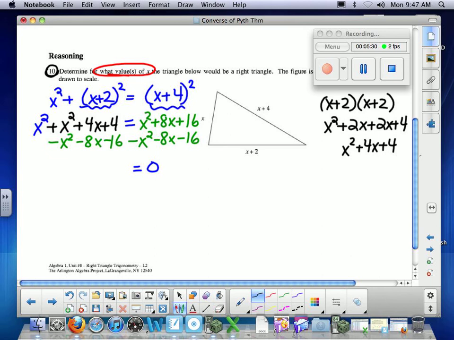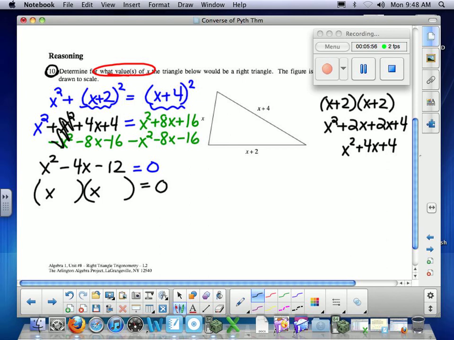So, getting rid of some things, the x squareds here will cancel out, so I just have an x squared. 4 take away 8. 4 take away 16. Check my math, make sure I did okay. Thank you. And we're going to have 2 sets of parentheses.